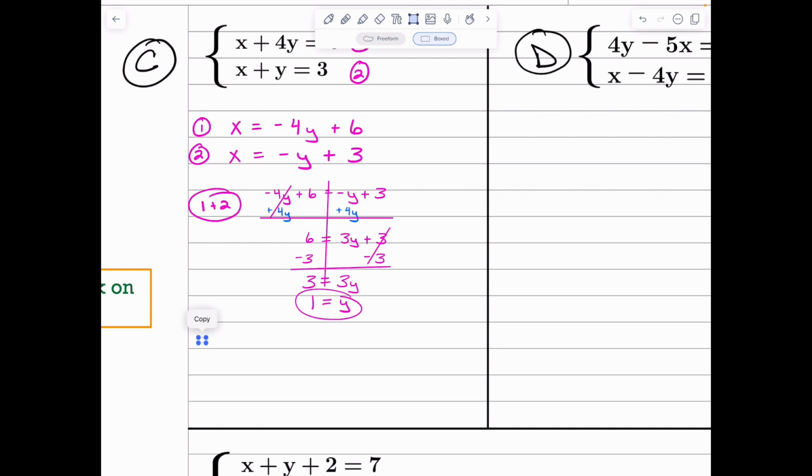I'm going to use equation 2 and plug in. This is my old equation 2, but I'm going to use the new equation 2. So I take new equation 2, plug in that 1.